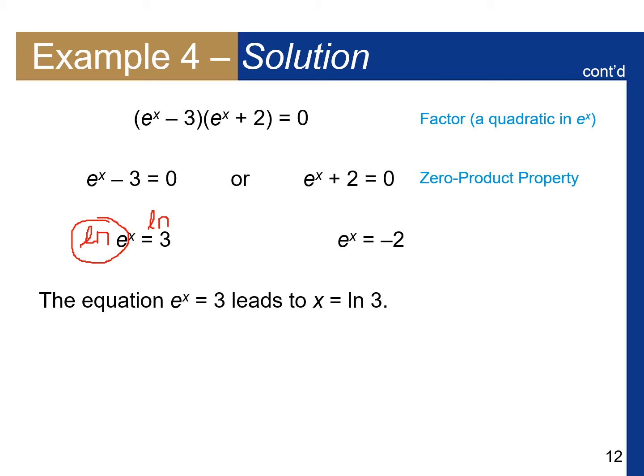So x equals natural log of 3. Same with the other side. We're going to take the natural log of both sides, and remember we're taking it of the whole thing, negative 2. So we want to make sure we use parentheses there.